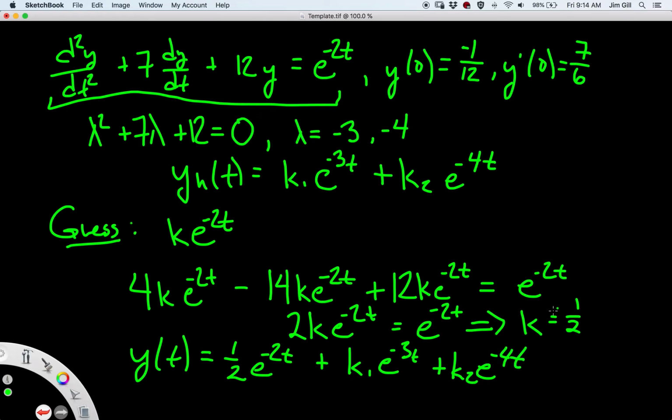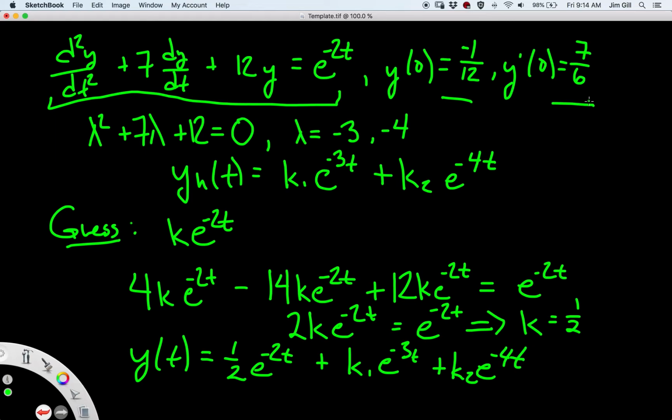Now simply what we need to do is plug in 0 for y, and then also calculate a derivative and plug in 0 for y prime. And then we'll have to choose k1 and k2 to match the initial conditions. y of 0 is minus 1/12, and y prime of 0 is 7/6. And that will solve the problem.